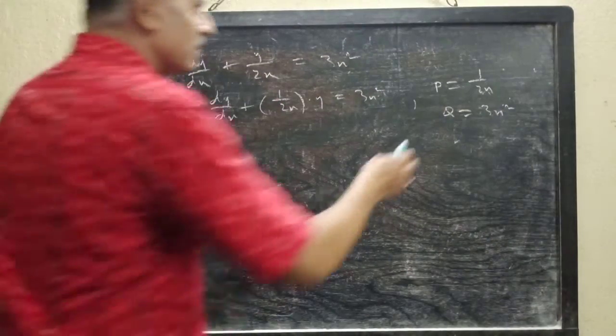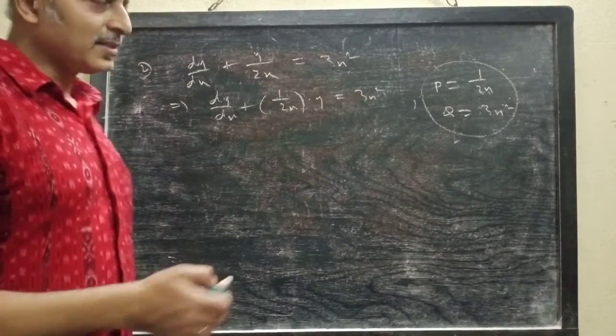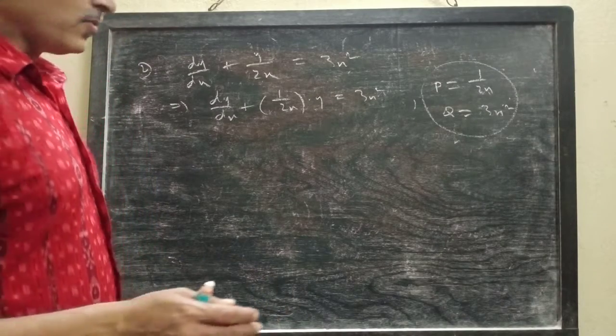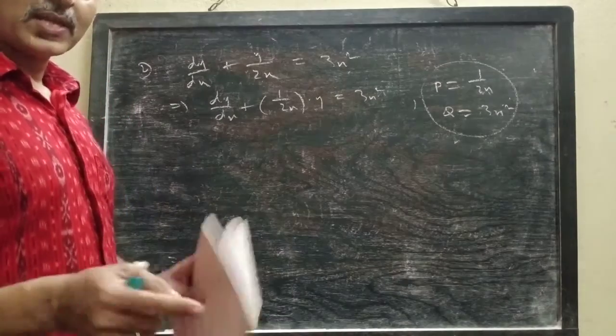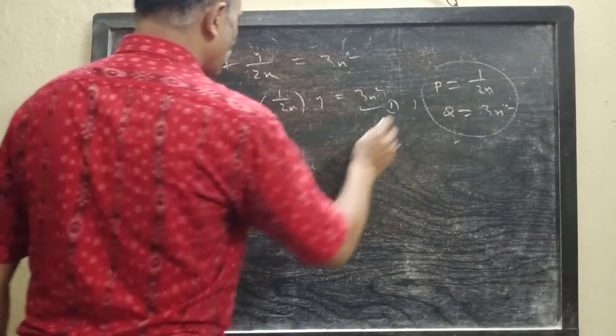Mind it, it is not mandatory to write this. In the initial progress I am writing this for your convenience, so that you can follow the solution by comparing with the standard form. This is number 1.